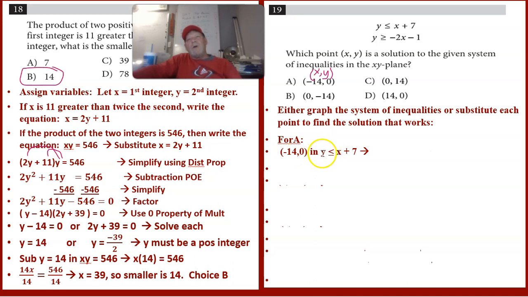So I'm going to put a 0 here, and I'm going to put a negative 14 here, and I'm going to see if that's true or false. So 0 less than or equal to negative 14 plus 7. Well, negative 14 plus 7 ends up being negative 7. Is 0 less than or equal to negative 7? No, it's false. What does that mean? That means I can rule A out.